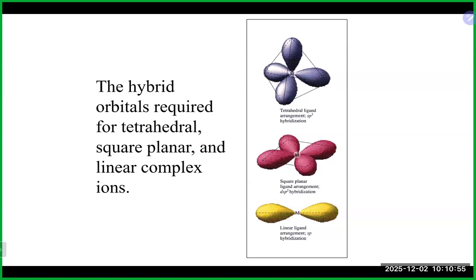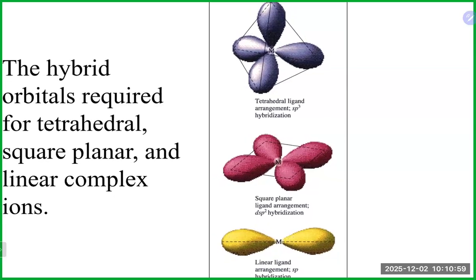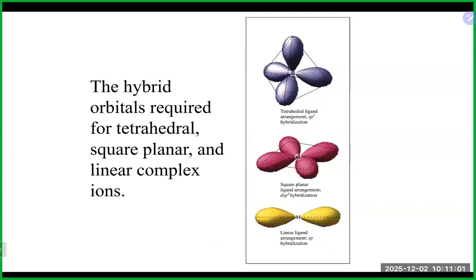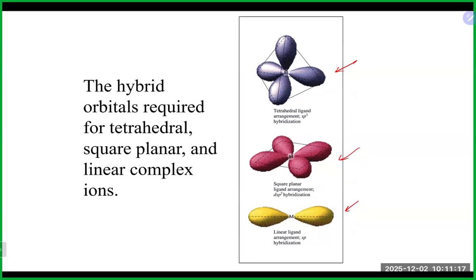Now, in terms of hybridization, we could get a couple of different things. We could get sp3 hybridization, which gives more of our tetrahedral arrangement. We could also have sp3d, which is our square planar, and we could also have linear, which is sp.